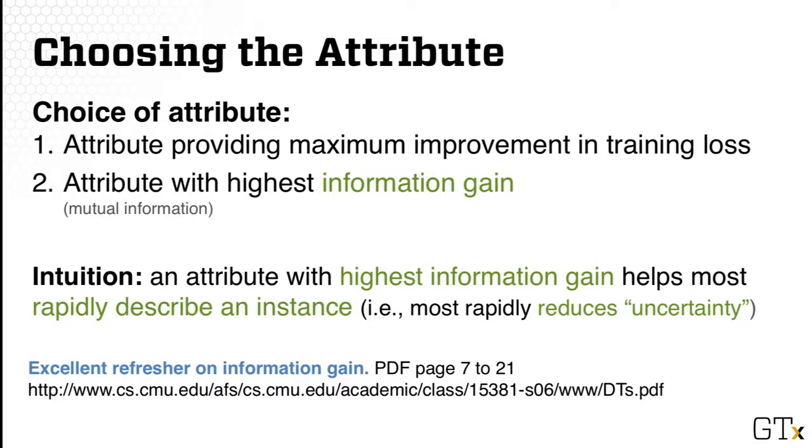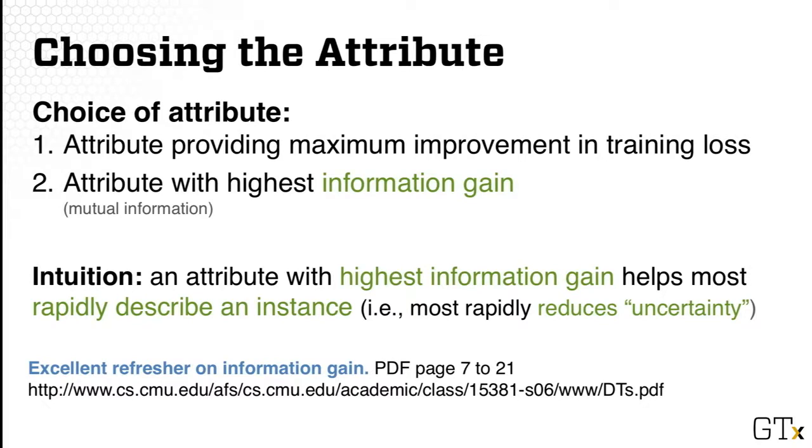Previously, we talked about how to evaluate an attribute split point, but we haven't talked about how to choose that attribute. One common way to choose an attribute is to pick the attribute that gives you the maximum improvement in training loss. Another way is to pick the attribute that gives you the highest information gain. The intuition is that an attribute with the highest information gain would help you most rapidly describe an instance.